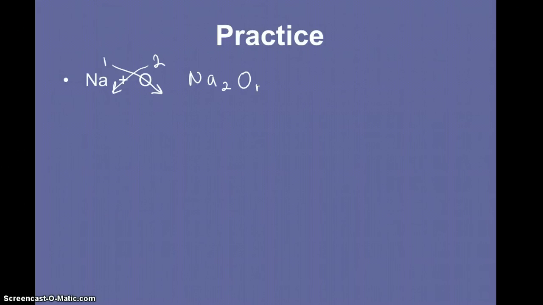When you do not have a subscript there, we assume that that element is 1 in the chemistry world of things. So I'm going to erase that and keep it just like that, Na2O. How would I say that now? Remember, they all end in IDE. So I would say sodium oxide, just like I showed you before. Let's try another one.